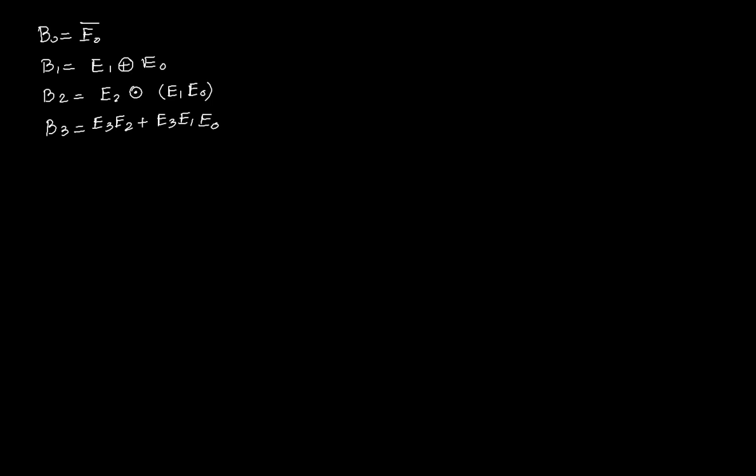Now the inputs are E0, E1, E2 and E3, and the outputs are B0, B1, B2 and B3. This is your one line, this is your second line. Change the color to make it more catchy.